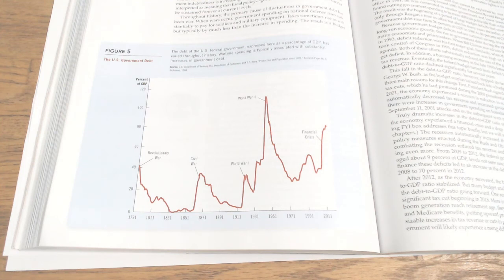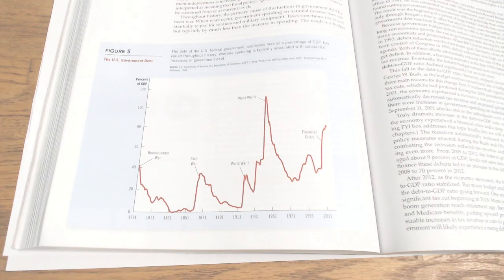And doing that is very difficult. Ronald Reagan promised tax cuts, and he delivered on his tax cuts. However, he did not cut back on government spending. In fact, he raised government spending, running a large deficit.